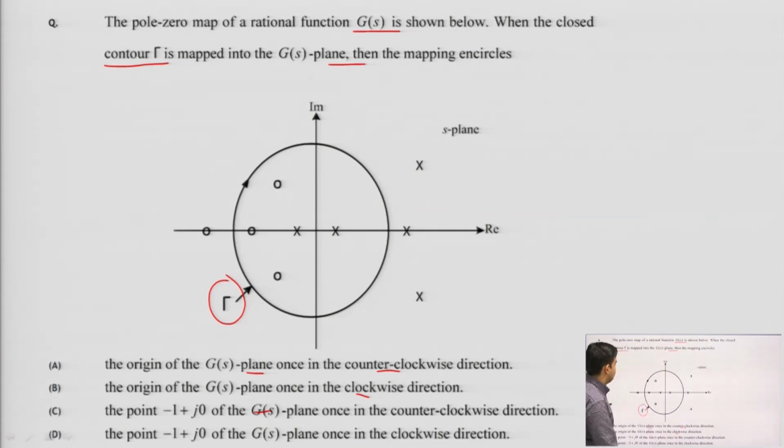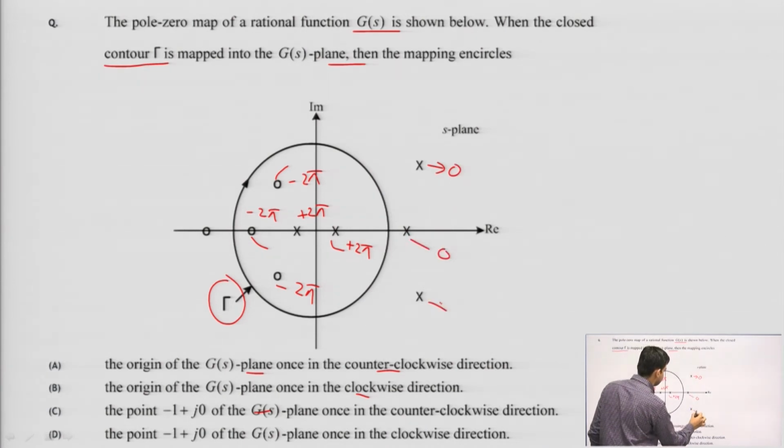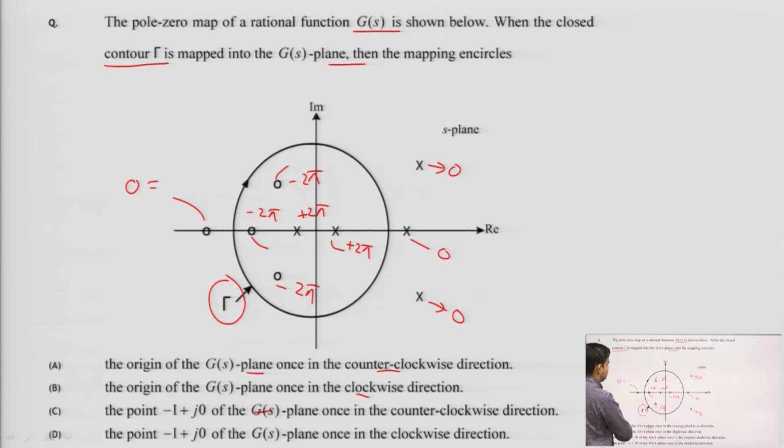We can see here this zero gives minus 2 pi angle contribution, this zero gives minus 2 pi, this zero gives minus 2 pi, and this pole gives plus 2 pi angle contribution, this pole gives plus 2 pi, and this pole gives 0 angle contribution, this is 0, this is 0, and this gives 0 angle contribution. So how much total phase is coming?